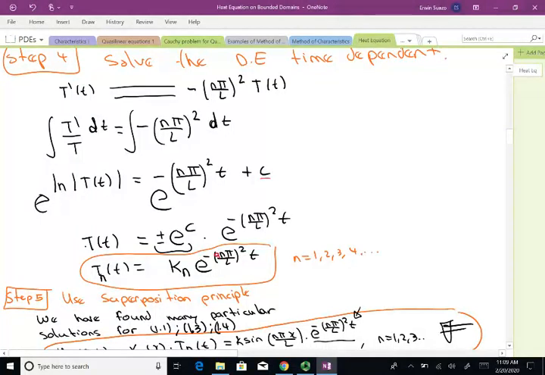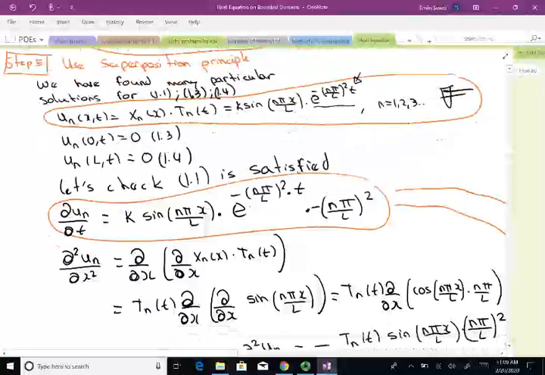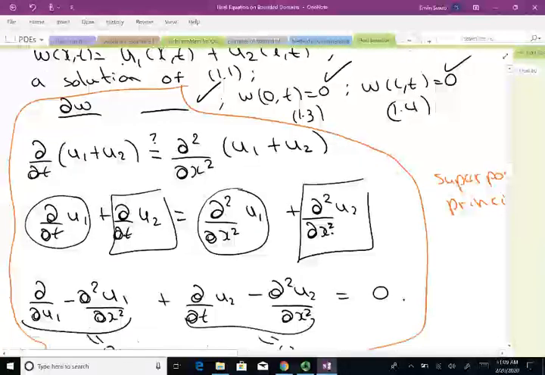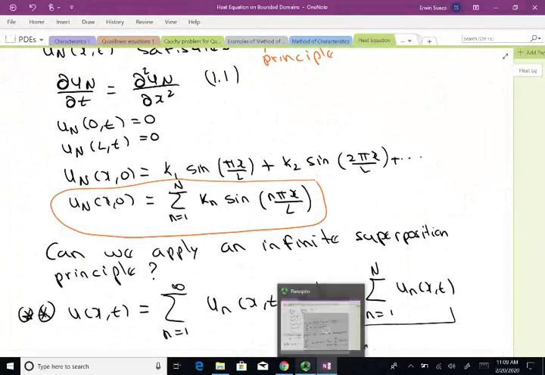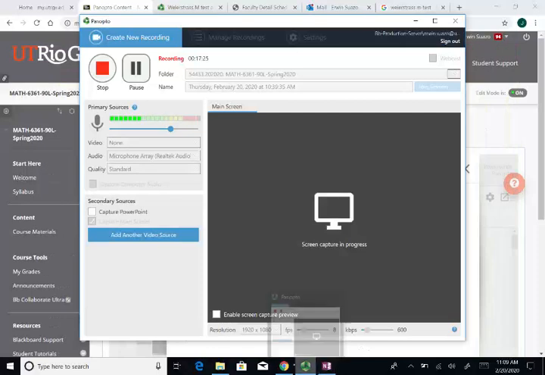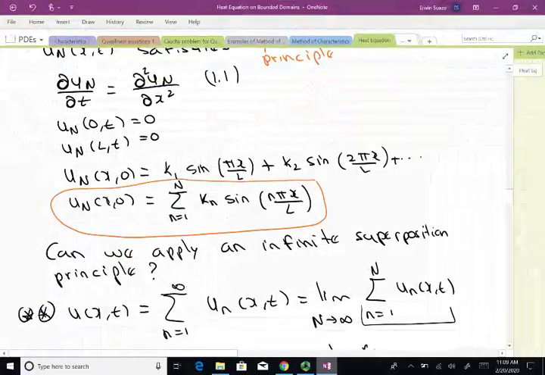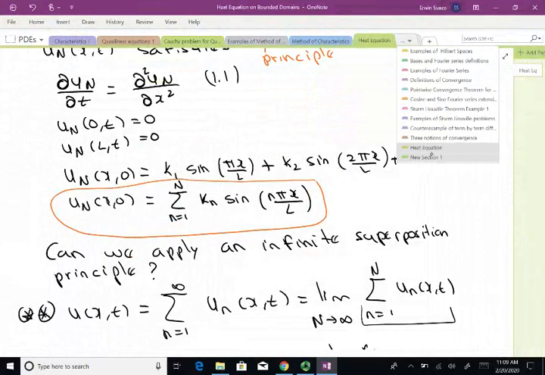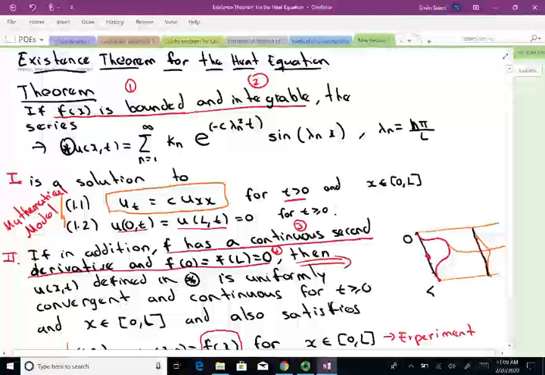So you just carry your a in all these things. So instead of c, let's call it a.